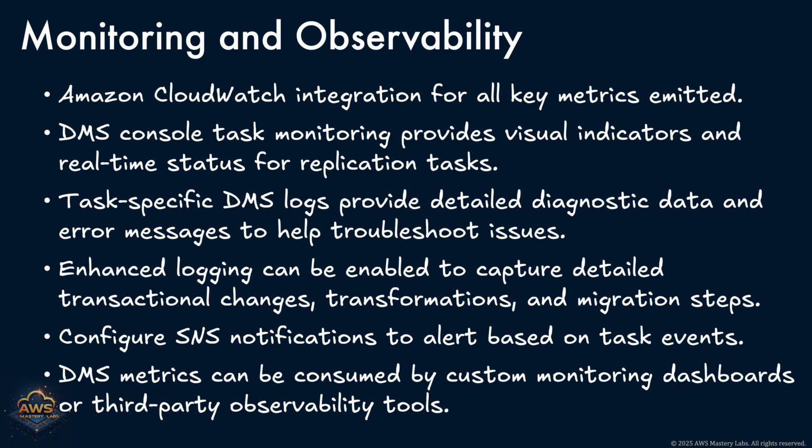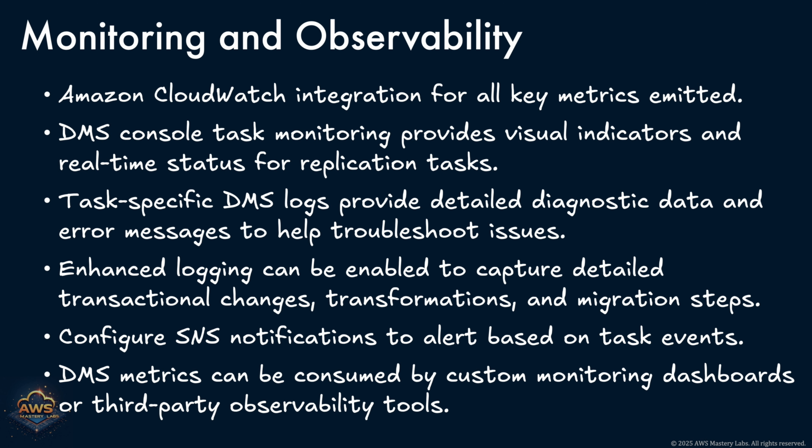Effective monitoring is critical for ensuring that your database migration with AWS Database Migration Service runs smoothly, reliably, and within expected timelines. AWS DMS offers a rich set of monitoring tools and integrations to help you stay in control throughout the migration process. At the core of monitoring is Amazon CloudWatch, which receives a comprehensive set of performance and diagnostic metrics from DMS.